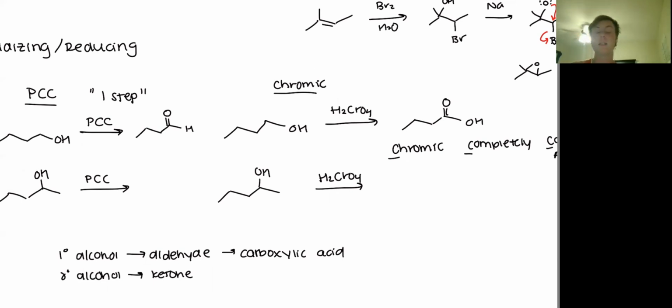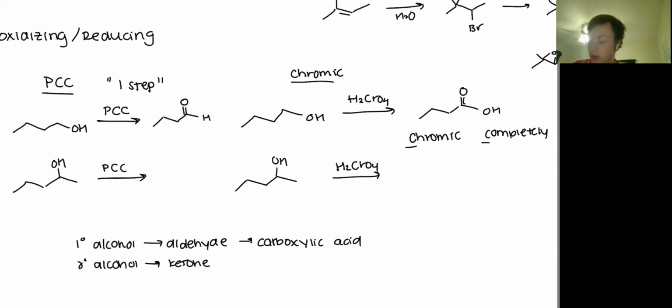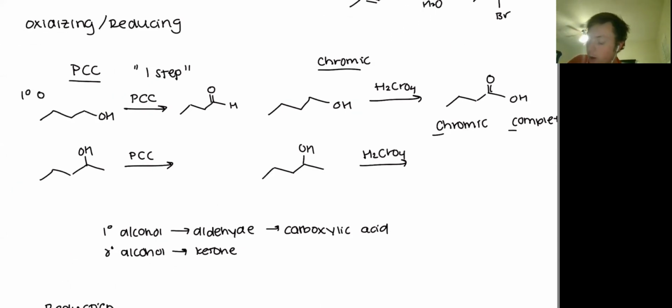If you're expecting an aldehyde, but you accidentally have water in the reaction vessel and it turns all the way to the carboxylic acid, that is something important that you may want to watch out for. And again, those are just with primary alcohols.